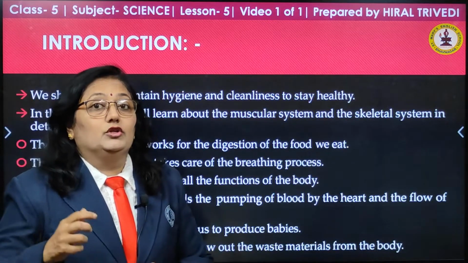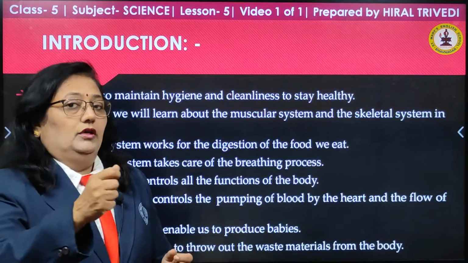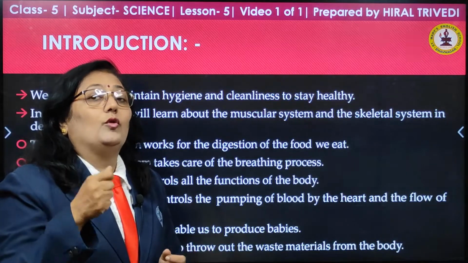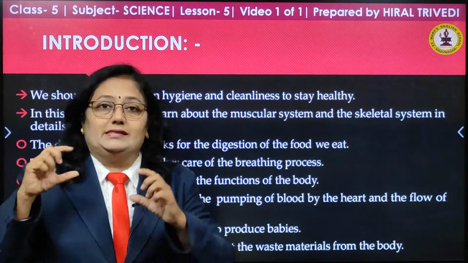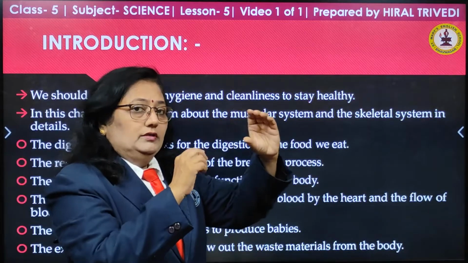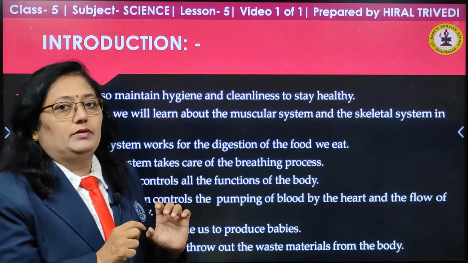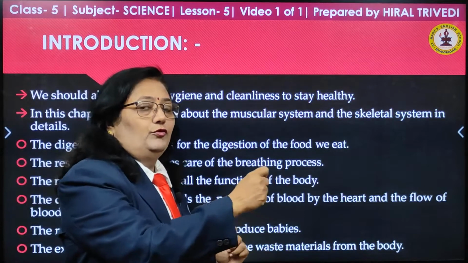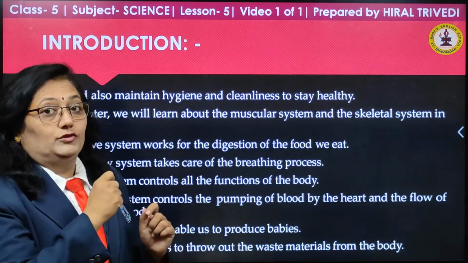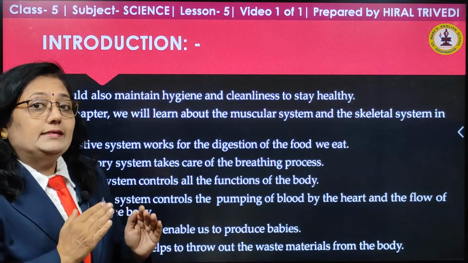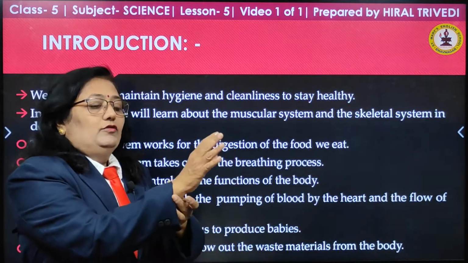If we say the door and the windows, if we open the door, it can open. But there are hinges, some joints placed on a door. Even on the window, a few joints are placed. Then only can we move the doors and windows forward and backward. In the same way, our body has joints.